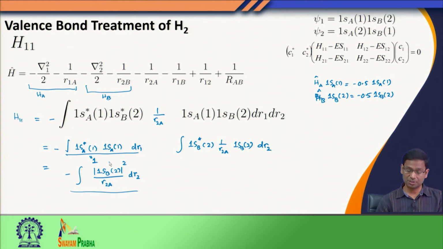Similarly, instead of 1 over r_2a, if I consider the next term, minus 1 over r_1b, what would I get? Let us do that as well.